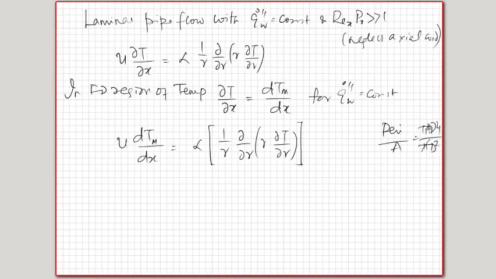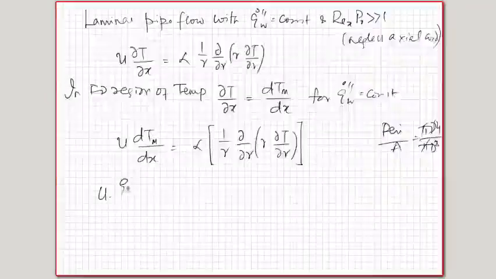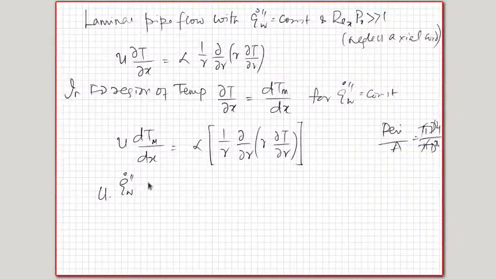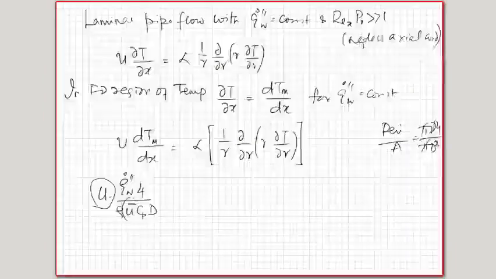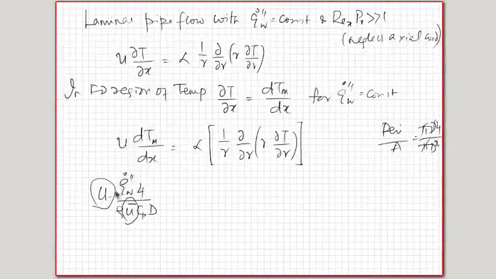So pi gets cancelled, one d gets cancelled, I get a 4 by d. So that I can substitute here. So it will be u multiplied by q dot double prime wall, this is a constant, into 4 divided by rho u bar cp d. So this is your expression for the left hand side. Now I can take out the u by u bar from this one, and then the rest of it is a constant. 4 q dot double prime divided by rho cp d is a constant.